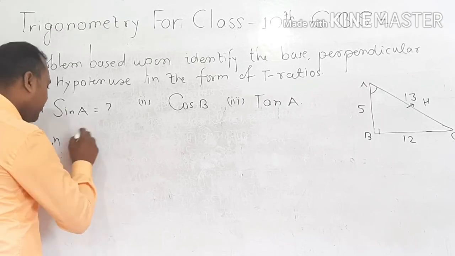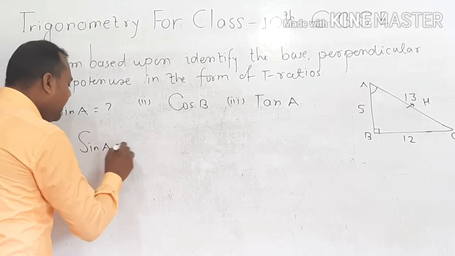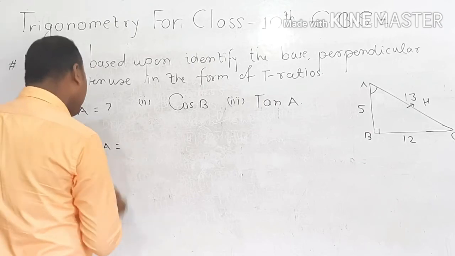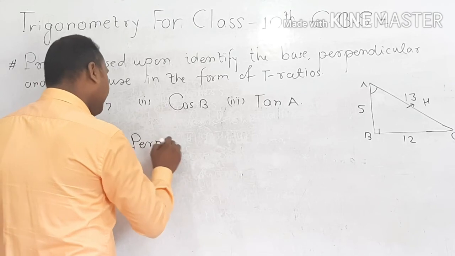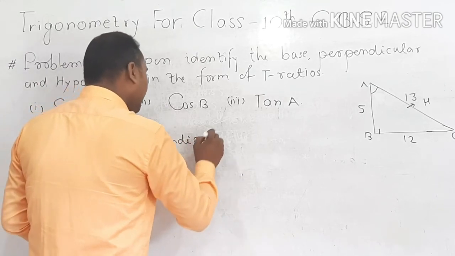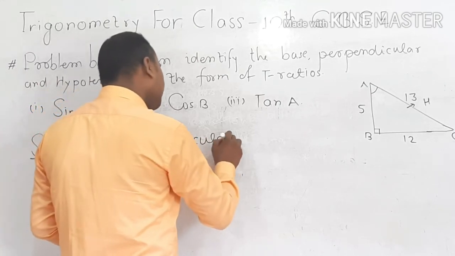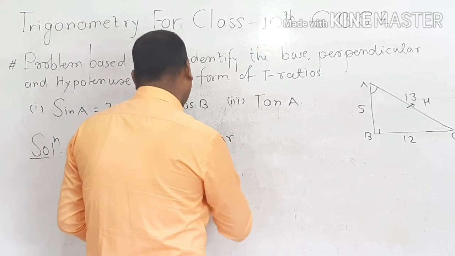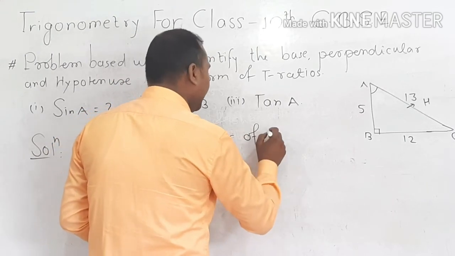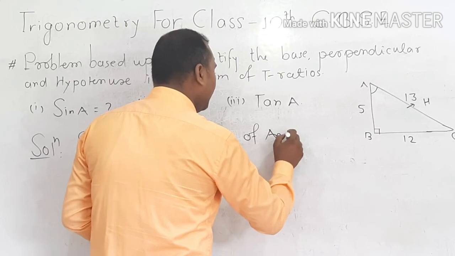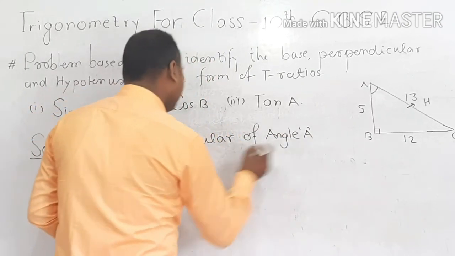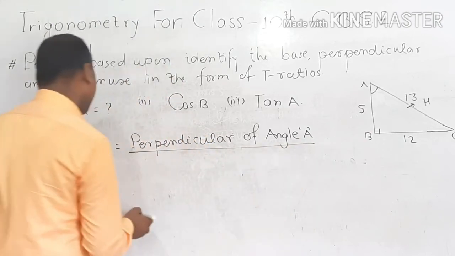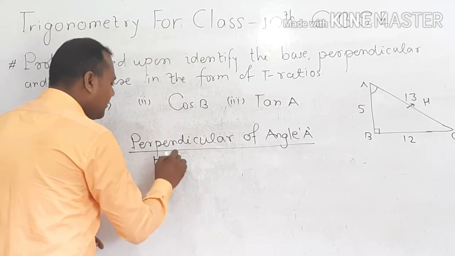For sine A, the meaning of sine of A is equal to perpendicular for angle A divided by hypotenuse.